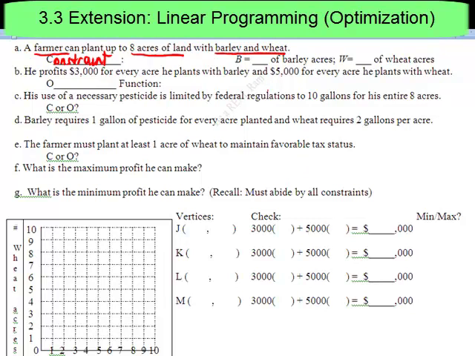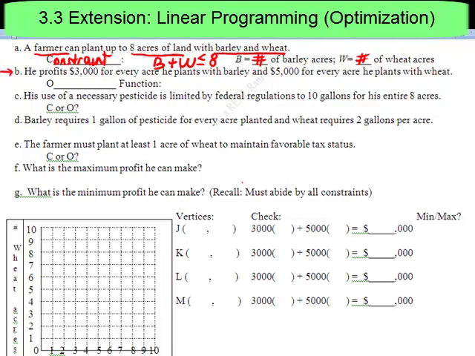So B is going to stand for what? Yeah, the number of barley acres, and W stands for the number of wheat acres. So we have B plus W, and there's a constraint. What can that be? 8. Very good. It's less than or equal to 8. Can't be more than 8. So there's a constraint there.